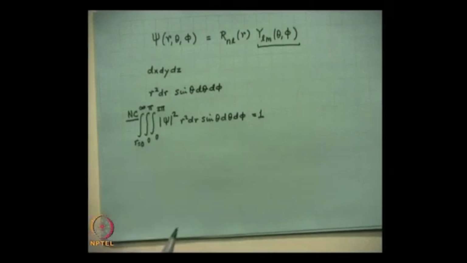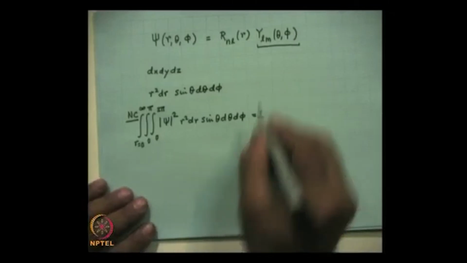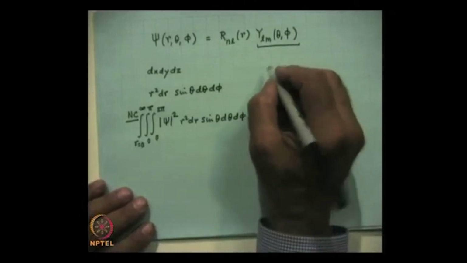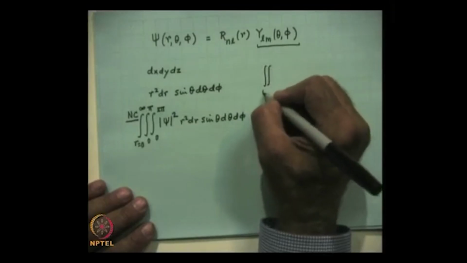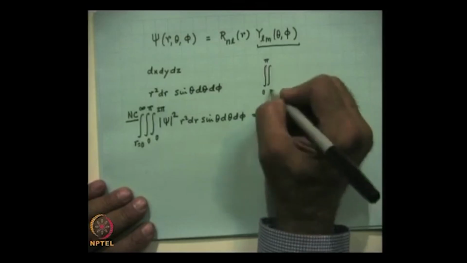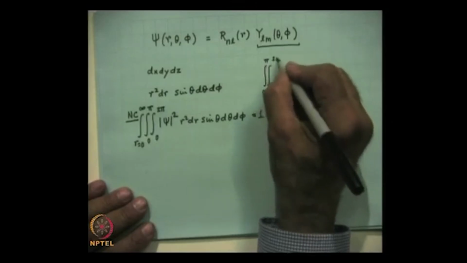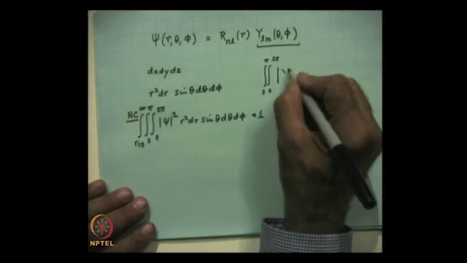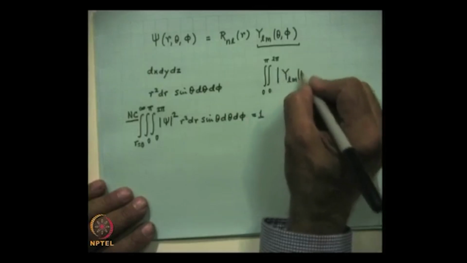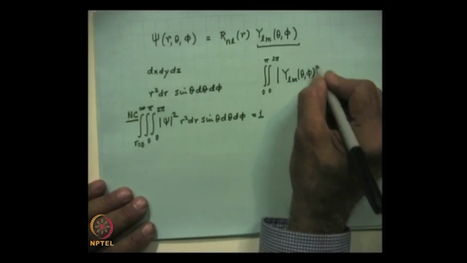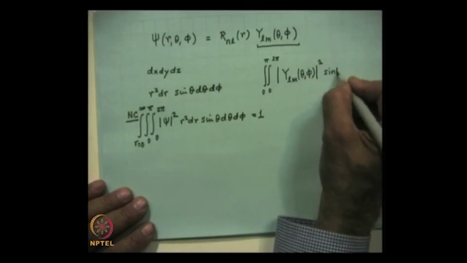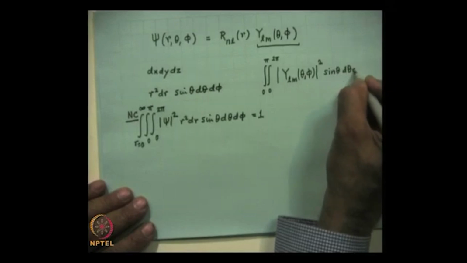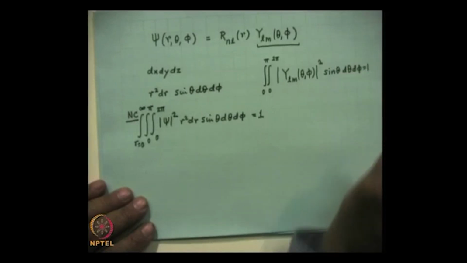So, if I take the r part outside and the theta part outside, the normalization condition for the spherical harmonics is the integral with theta going from 0 to pi and phi going from 0 to 2 pi of the modulus of Y L m (theta, phi) square sin theta d theta d phi, which is equal to 1.